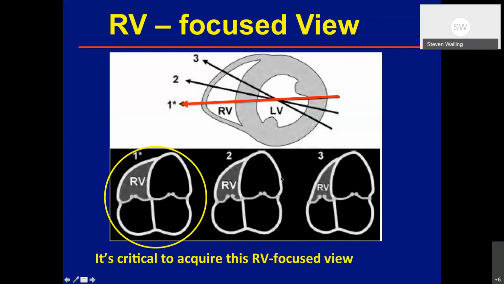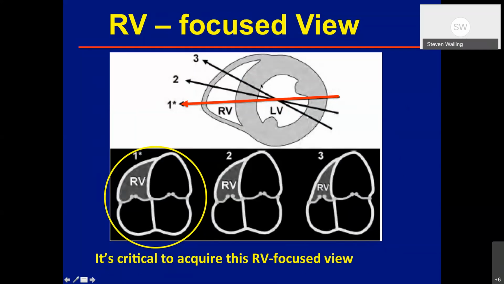I remember Steve showed this as well, how the ultrasound beam cuts through the LV into the RV. You need to really rotate the probe so that you're going through the 3-line, 2-line, and 1-line.